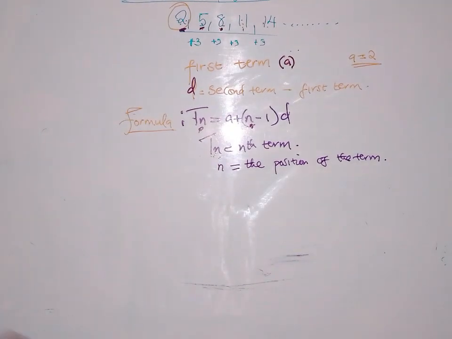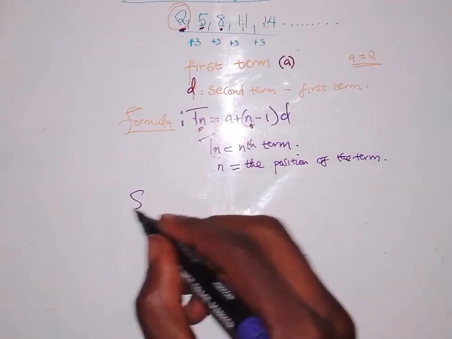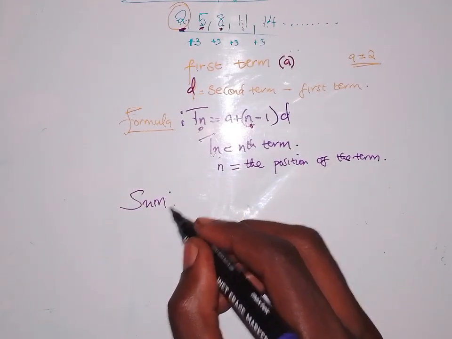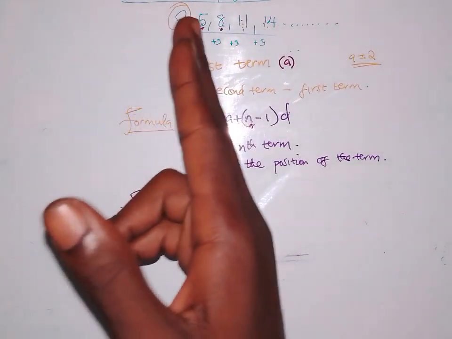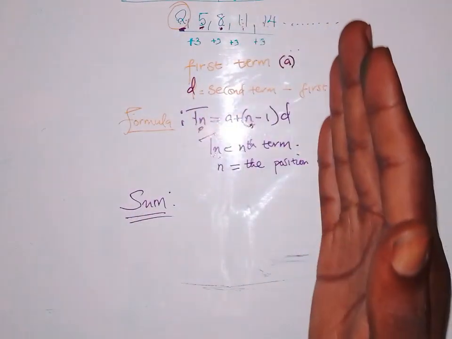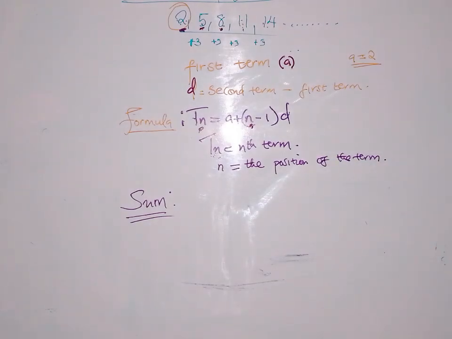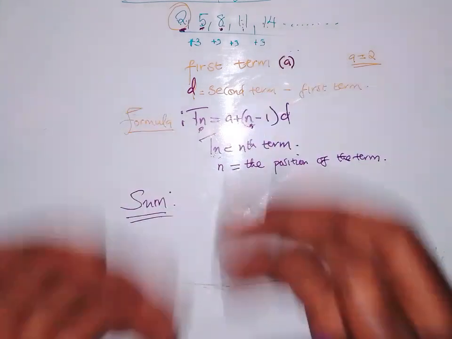Then the final formula which you need to understand when you're talking about arithmetic progression is the formula for the sum. You can't just be adding these numbers, 2 plus 5 plus 8 plus 11 plus 14 plus. If we have a lot of numbers, it will become difficult for us to add them.